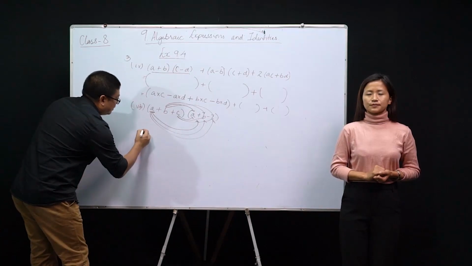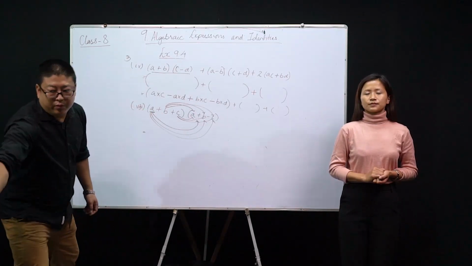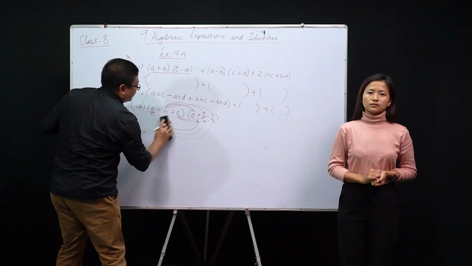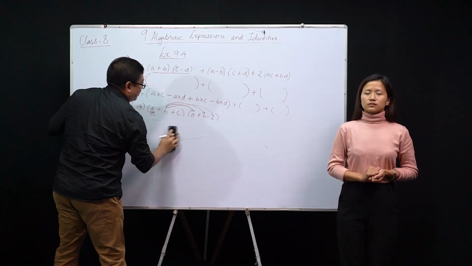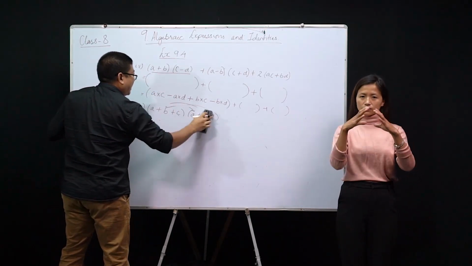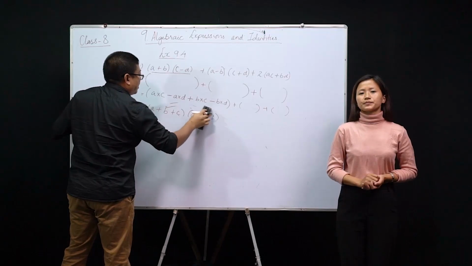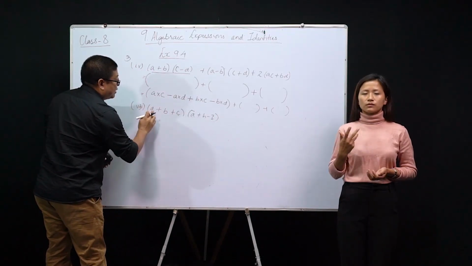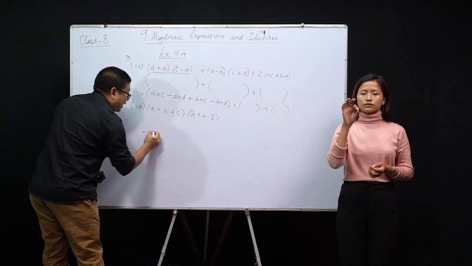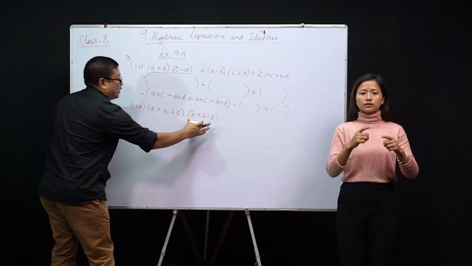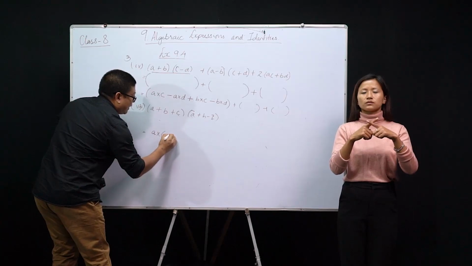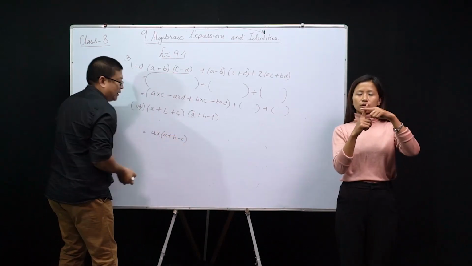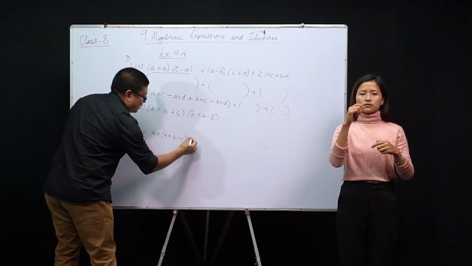So let's do it stepwise. Once you understand this concept, trinomial is same as binomial, alright? The multiplication of trinomial is same as binomial. So what we're going to do here is, I'm going to take the first term A into this, (A plus B minus C). I'll write it like this for better understanding.